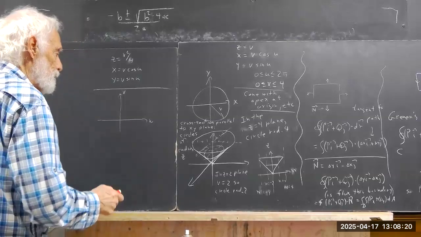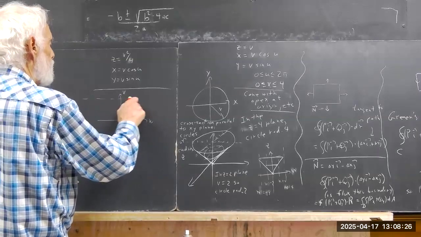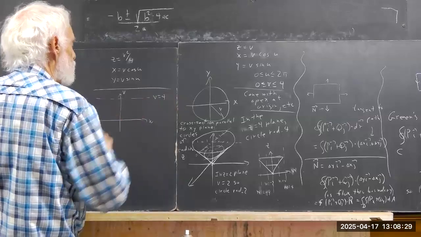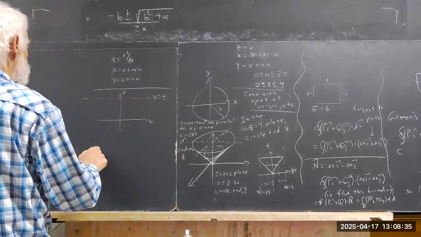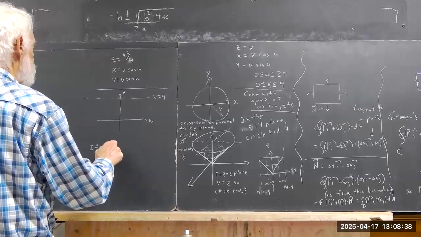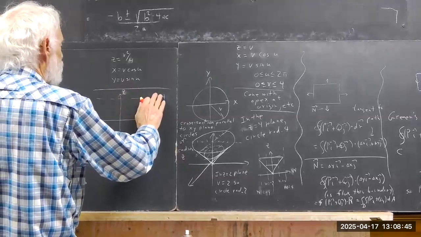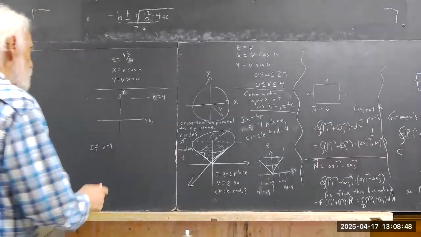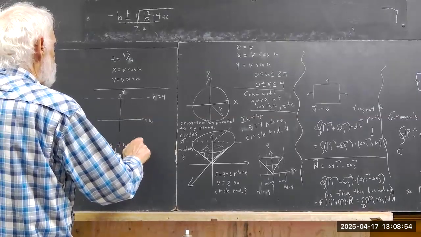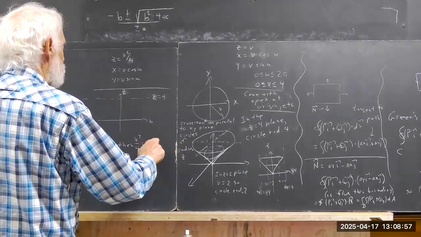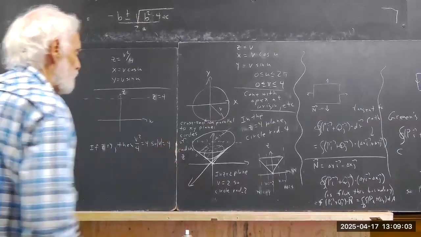V versus W. If Z equals 4, then V equals, the magnitude of V equals 4, right?